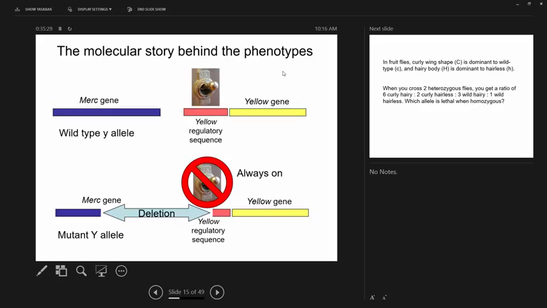You should be still yellow fur, but because you're missing a big piece of the Merck gene, you're dead. So this deletion allele actually affects 2 different genes, and that's why you get 2 effects. You get the dominant yellow because it takes out this part of the promoter or switch, and you get recessive lethality because it takes out a piece of this Merck gene that's required for development.